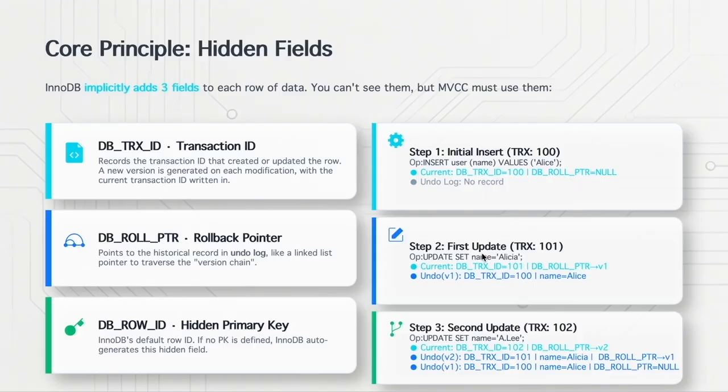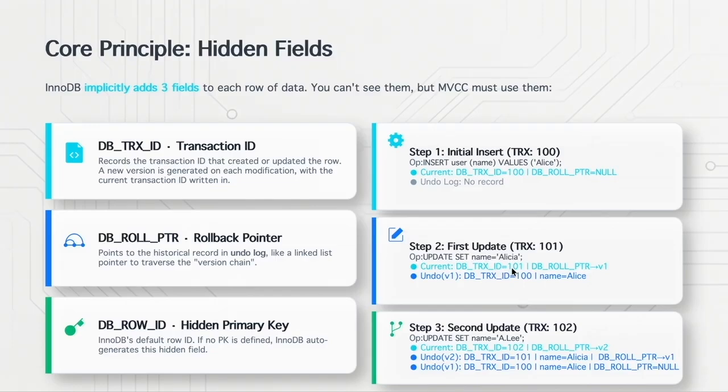Step 2. First update by transaction 101. Now a second transaction comes in and updates the row. Instead of overwriting the existing data, InnoDB creates a brand new version of the row.